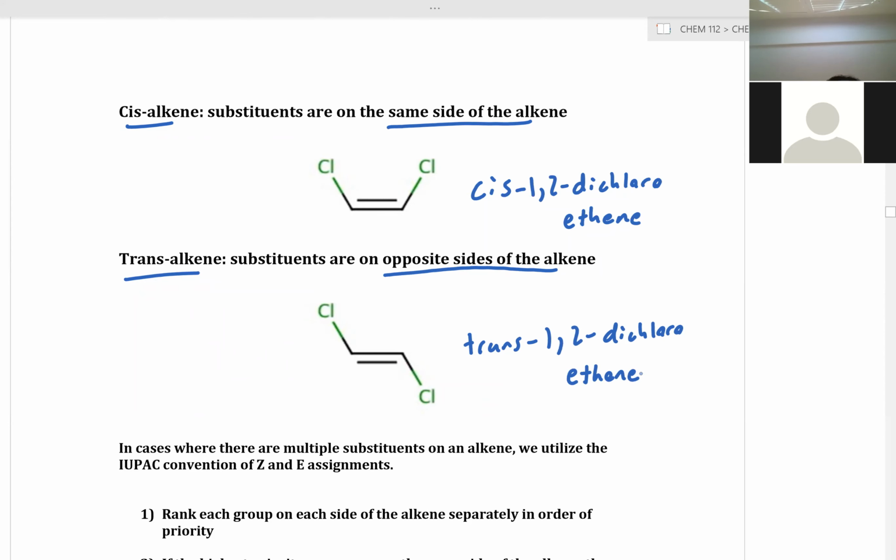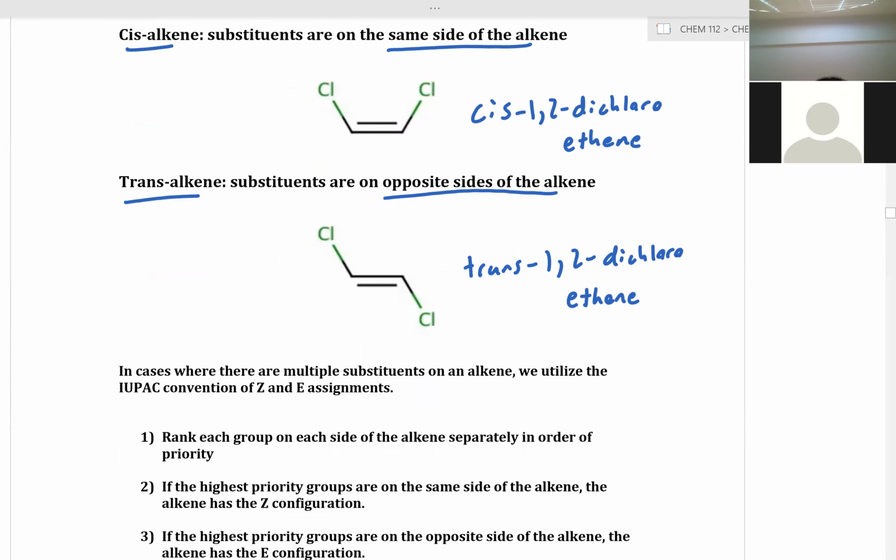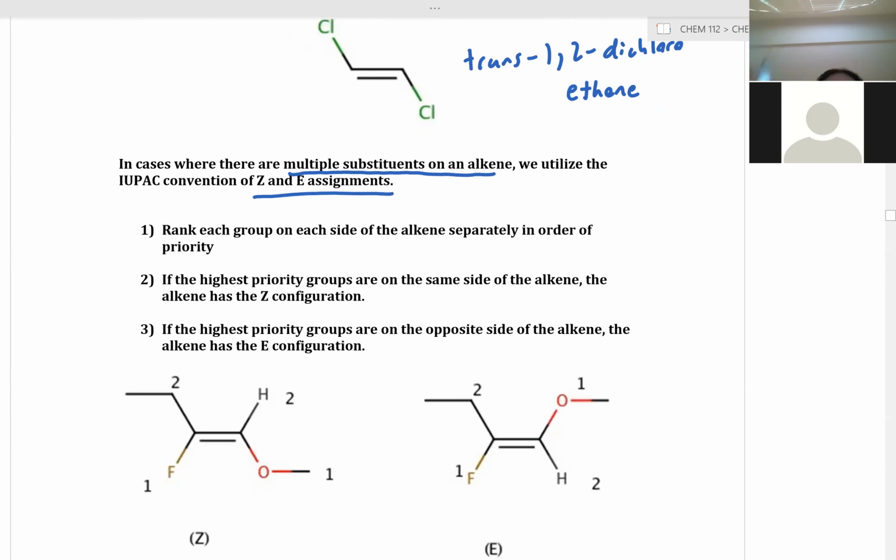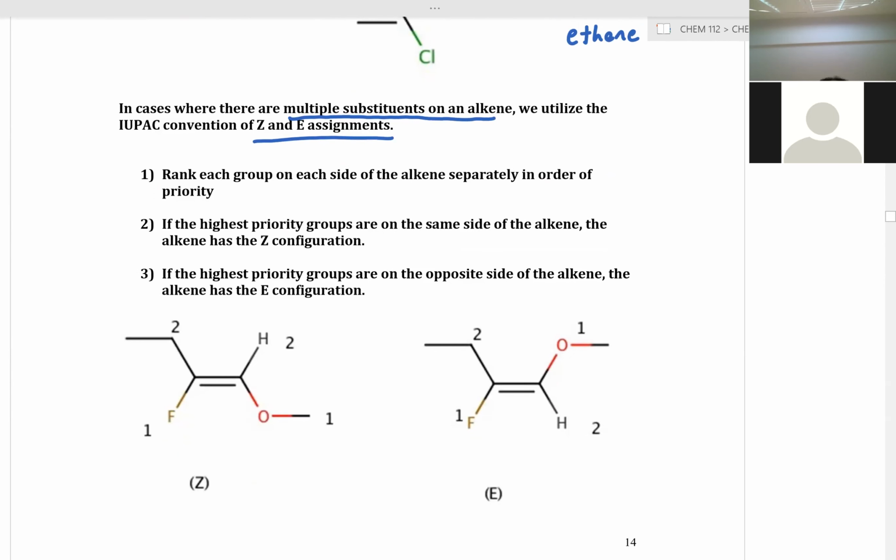Now, as we've seen before, if there are multiple substituents on an alkene, we utilize Z and E assignments instead. Just as a refresher for Z and E notation, you rank each group on each side of the alkene in order of priority.